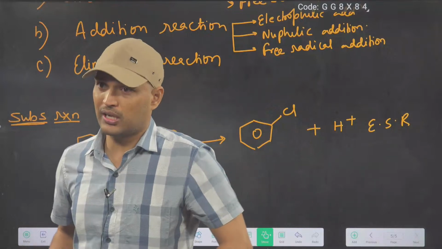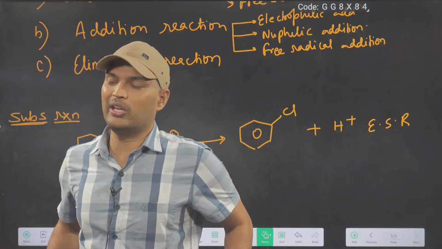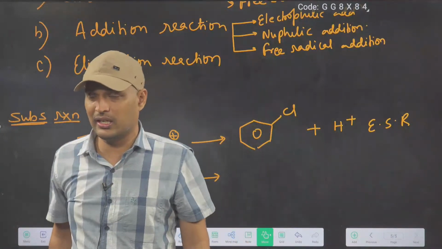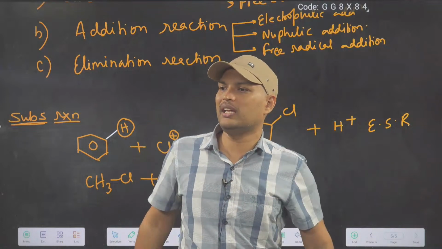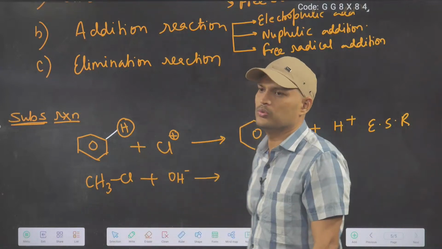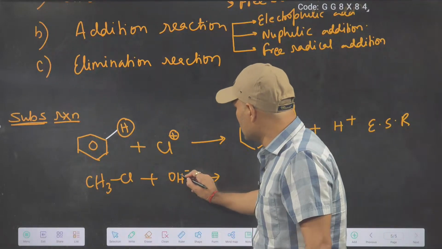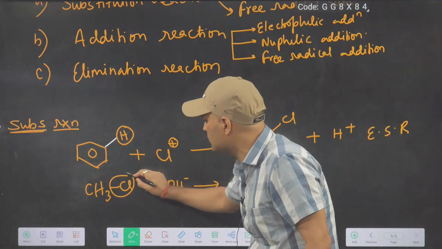Today you are studying totally a new thing, no? Rest of the days you are knowing many points. Sir, this I have seen already, this I have already studied. But today this type of reaction is totally new for you. So tell me, this is what? Nucleophile. Now this OH minus will come and remove Cl minus.